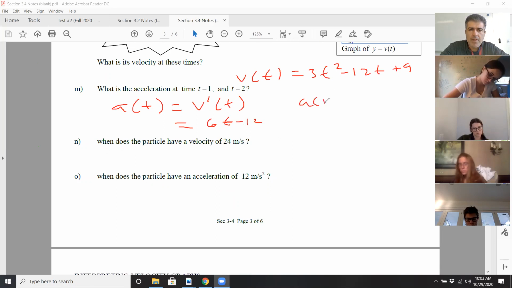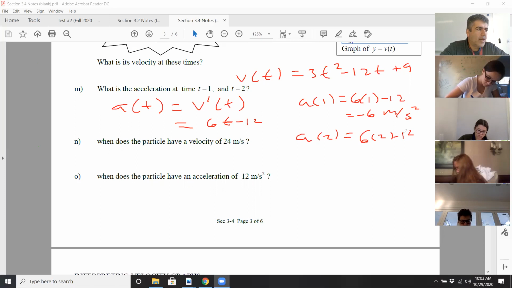So what's a of 1? It's negative 6 meters per second squared. You've got to do those units. How about 2? It's actually 0 meters per second squared.